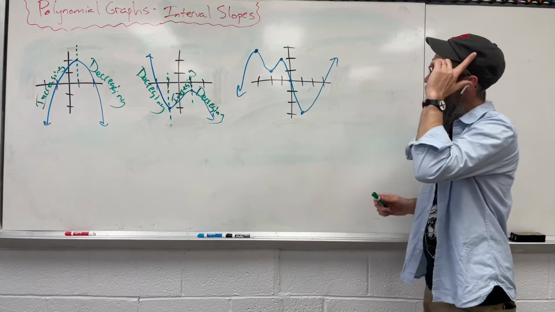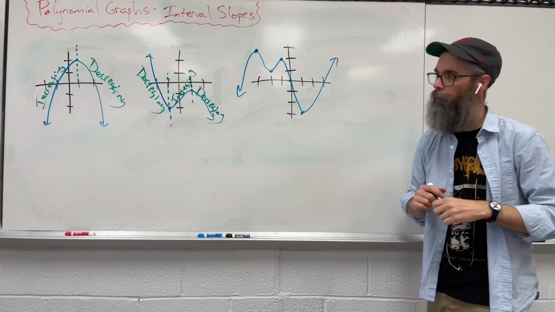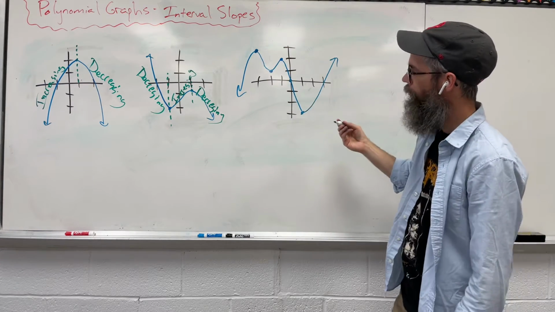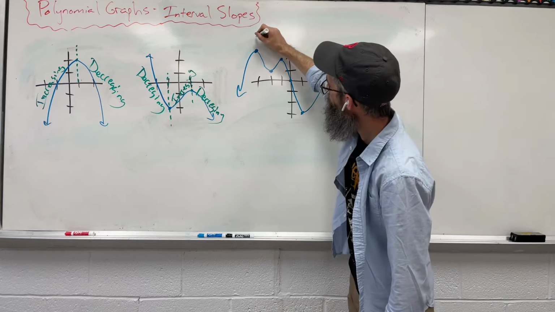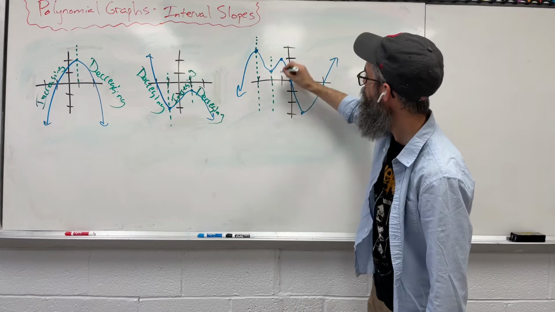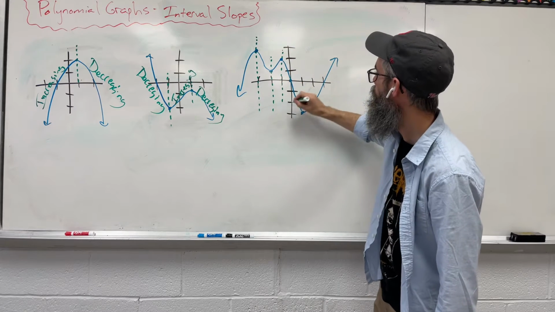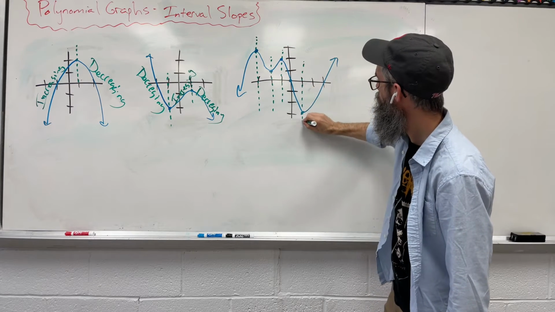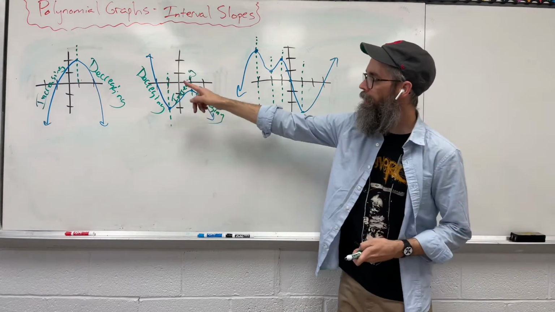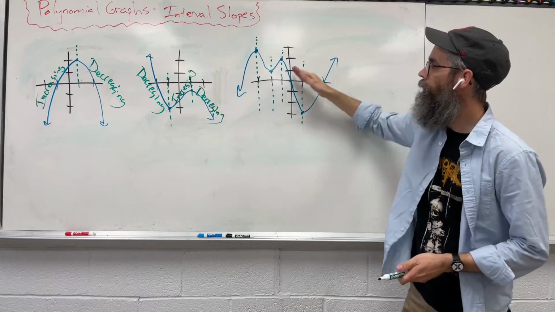All right, so this last one here is going to get a little weird. I have all my vertices down, so I'm just going to draw little walls to help make things a little clearer for me. And rather than writing increasing, decreasing, and all that, I don't have enough room.